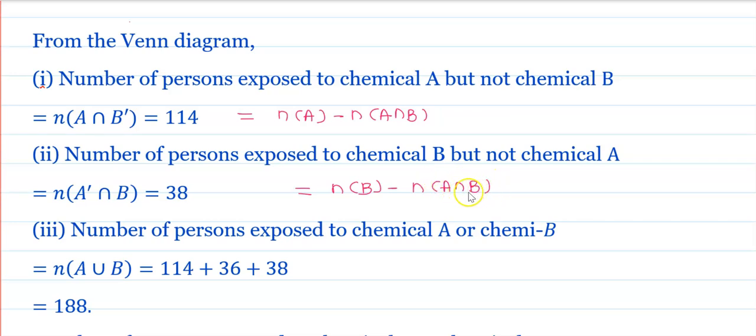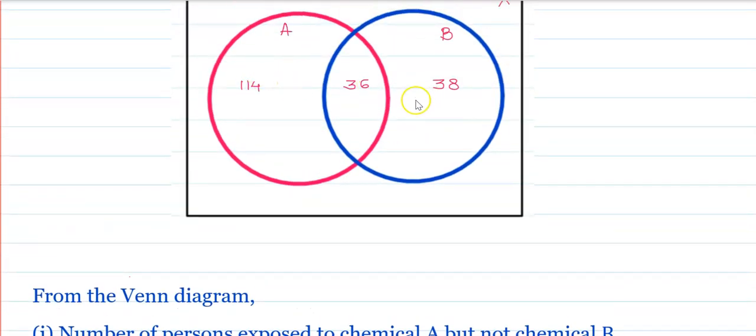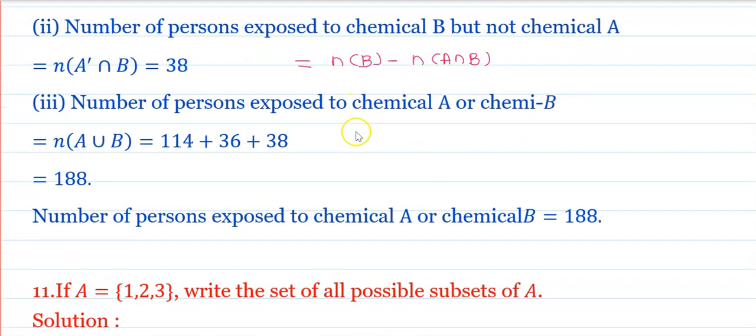Now the next is the number of persons exposed to chemical A or chemical B. Means the sum of all these persons, that is 114 plus 36 plus 38, or you can write it by using our regular formula, that is N of A plus N of B minus N of A intersection B, and that is equal to 188.